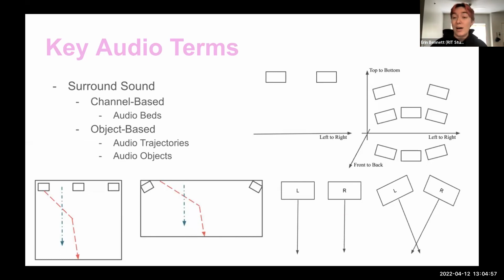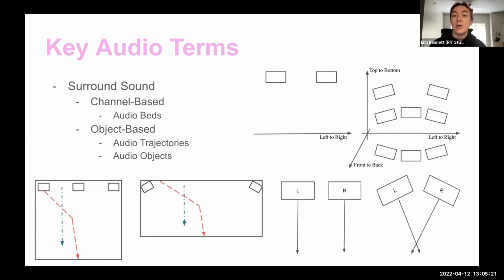But in 2012, Dolby Laboratories released the first version of object-based surround. The big difference with object-based is it still uses these audio beds sometimes, but it also introduced something called an audio object. If you look in the bottom corner here on the left, I have an example showing how an audio object would react when it's placed in a different room with a different speaker configuration.